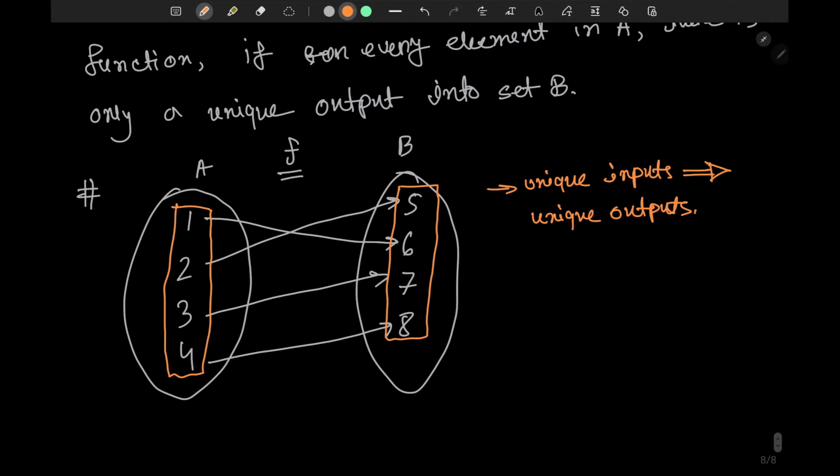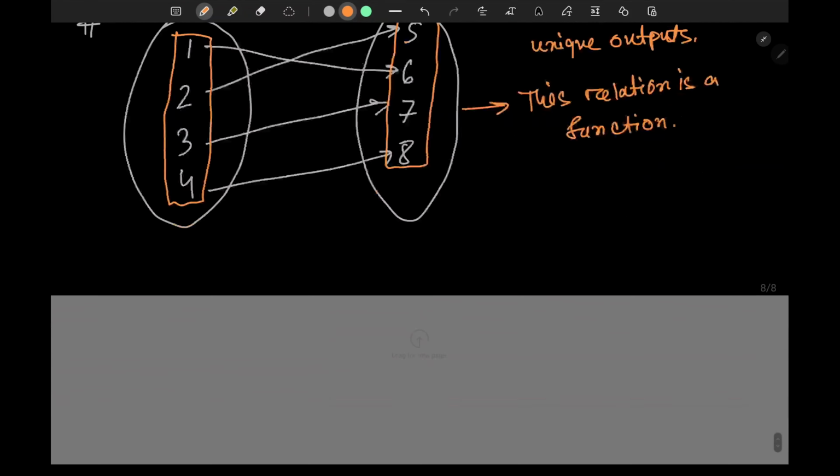So in this sense, this relation is a function. Okay, that's good. This was not that complicated at all.